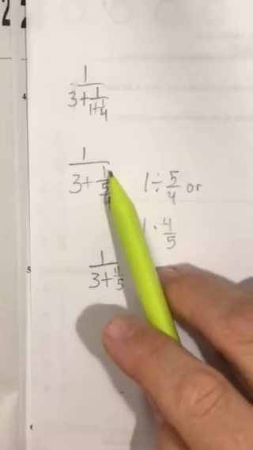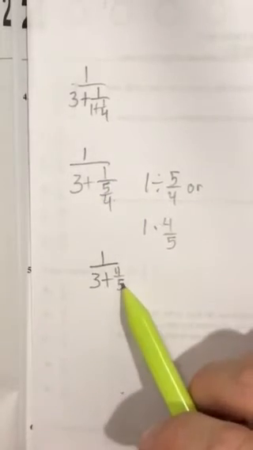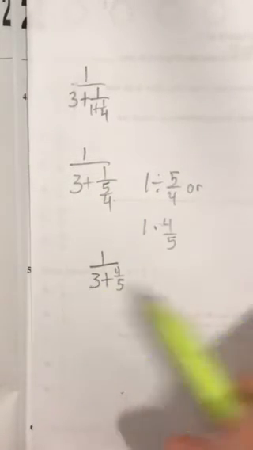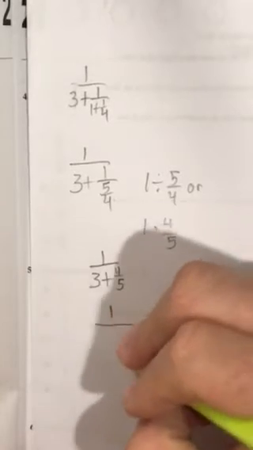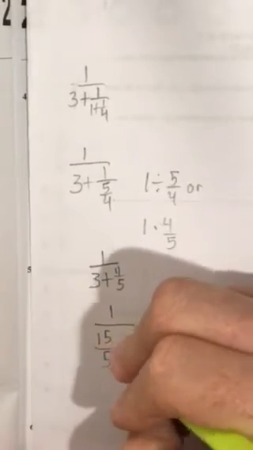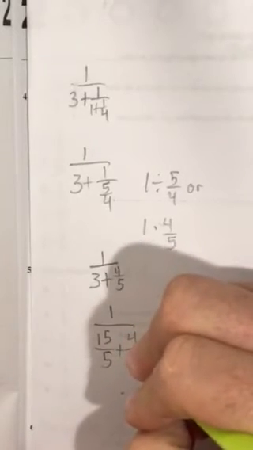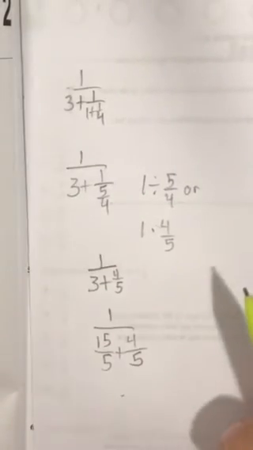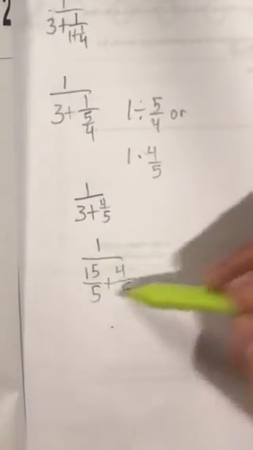If I add this right here, this is going to be 1 over 15 over 5, because whenever I add, I have to have a common denominator.